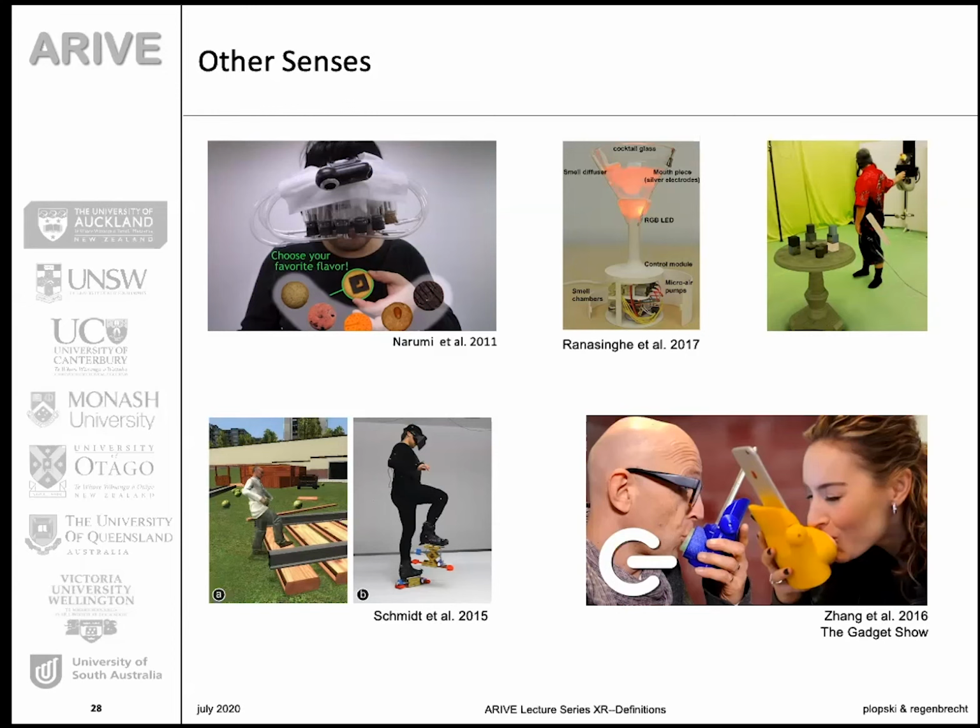We can also change the haptic perception, so make the user believe that there is actually a virtual object here that they can touch, that they can pick up, that if they throw will hit them and it will hurt. And here on the top right, you can see this haptic device, a haptic arm that is hanging there.